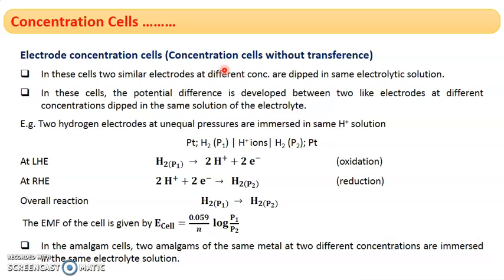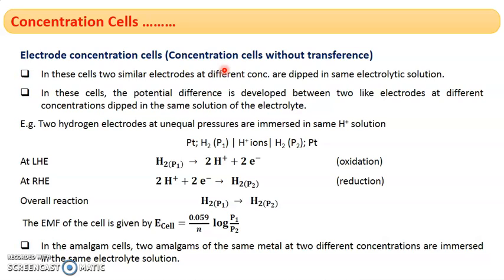Two hydrogen electrodes, one at 1 atmospheric pressure and the second also at 1 atmospheric pressure. In this case, both hydrogen electrodes are said to be identical. Similar hydrogen electrodes mean one at 1 atmospheric pressure and another at 2 atmospheric pressure, or other different pressure. So two hydrogen electrodes at different pressures are similar, and at the same pressure are identical. Hope I am clear with identical electrodes and similar electrodes.